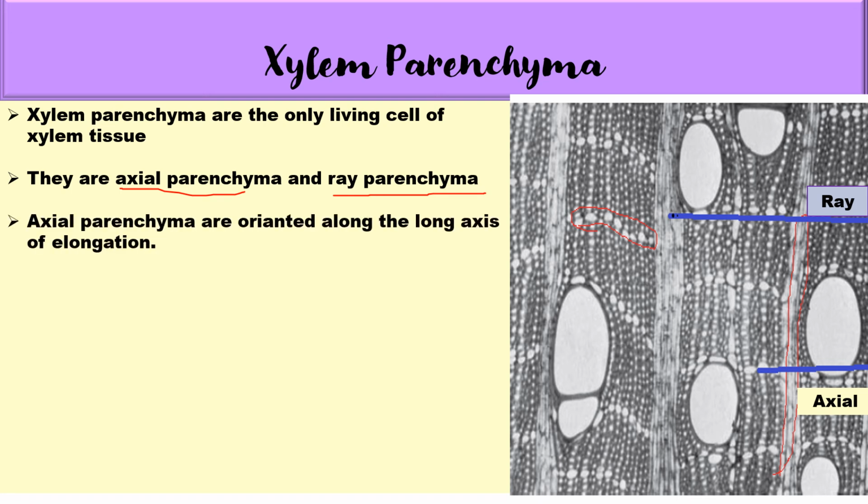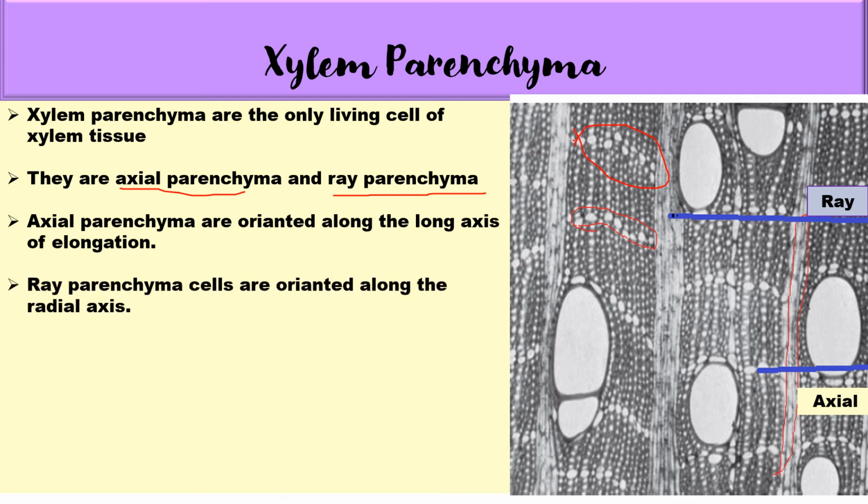Axial parenchyma are oriented in the long axis of elongation. That means they are present from bottom to top. These are the axial parenchyma. Whereas the ray parenchyma are present in the radial axis, that means from inside to outside.